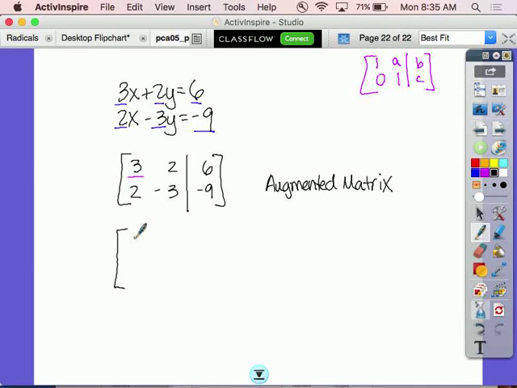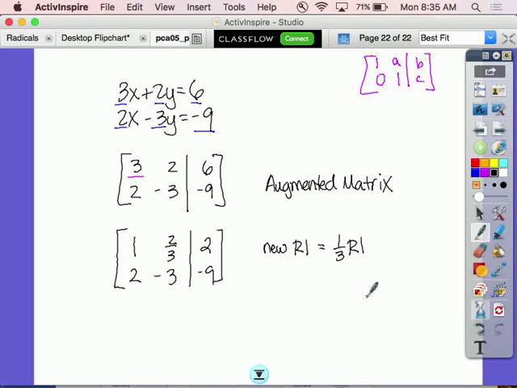So that'll be 1, 2/3, 1/3 of 6 is 2. And then I'll just keep row 2. So in other words, my new row 1, and I'm just going to put R1 for row 1, is equal to 1/3 times the original row 1, or the previous step, row 1.